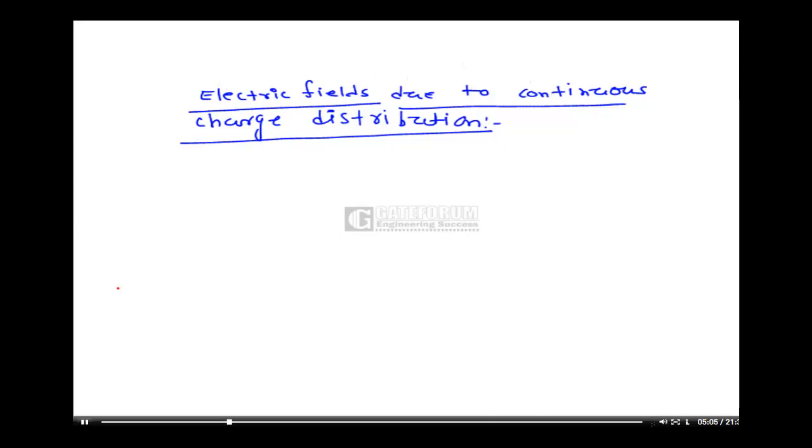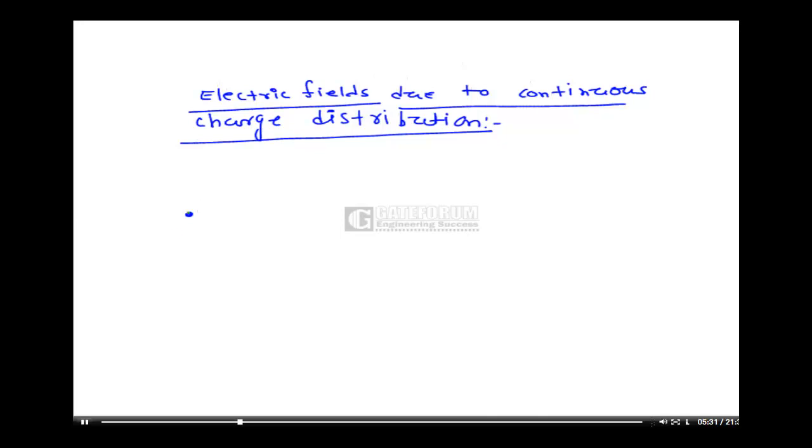The meaning of point charges is that they occupy very small physical space. Now we will discuss continuous charge distributions along a line, on a surface, or in a volume, and we will calculate the electric field intensity due to these charge distributions.